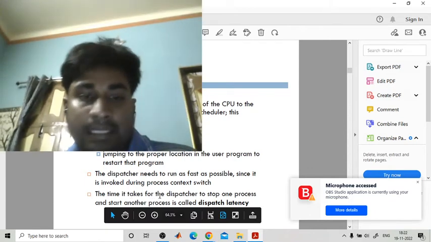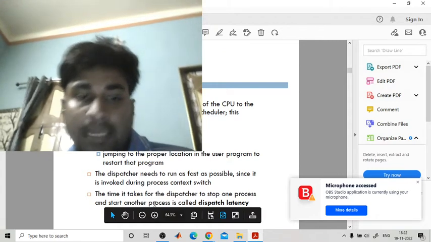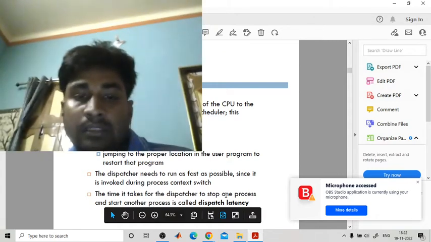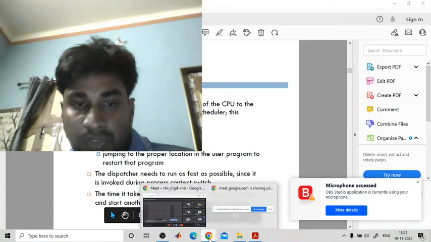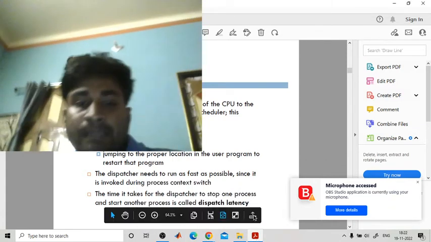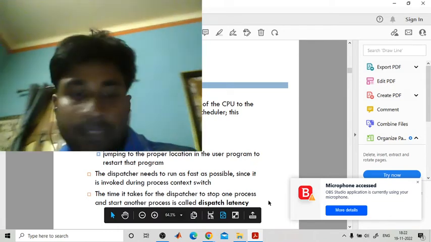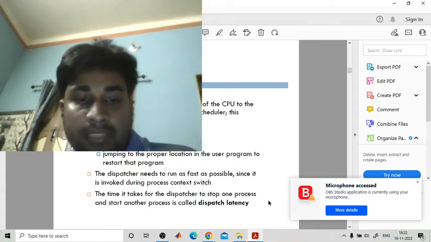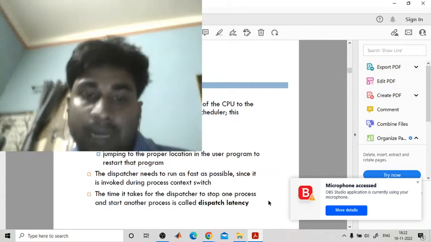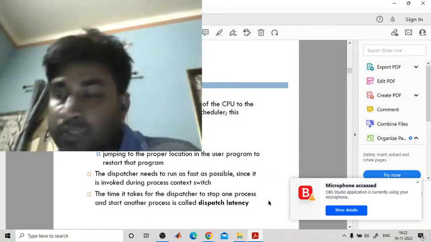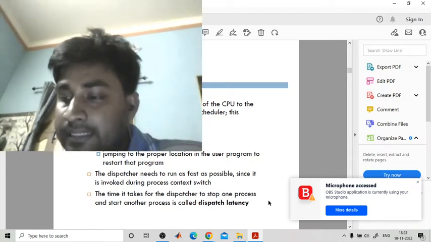Okay. Now, the time it takes for the dispatcher to stop one process and start another process is called dispatch latency. So we can see what the dispatch latency is. Dispatch latency means that when the CPU is leaving one process and is going to take another process, that time will be the dispatch latency.